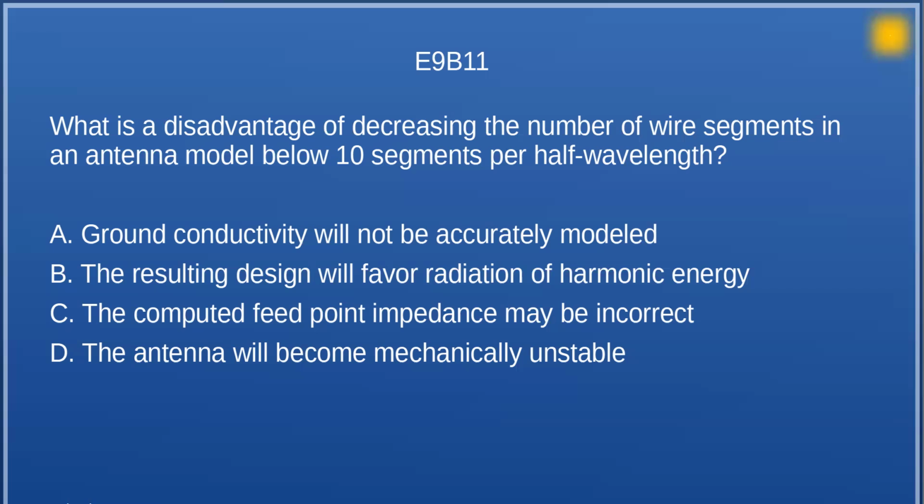Okay, so what's the disadvantage of decreasing the number of wire segments below the 10 segments per half wavelength? Actually, the free one, based on the NEC2 engine, doesn't do ground very well.